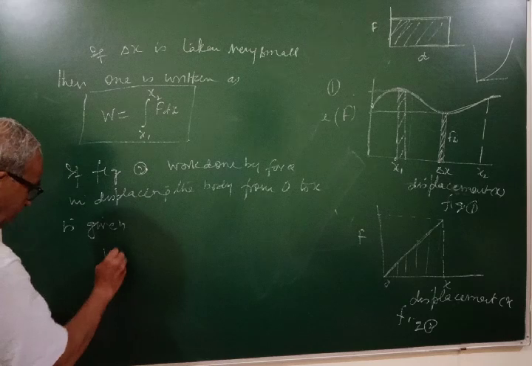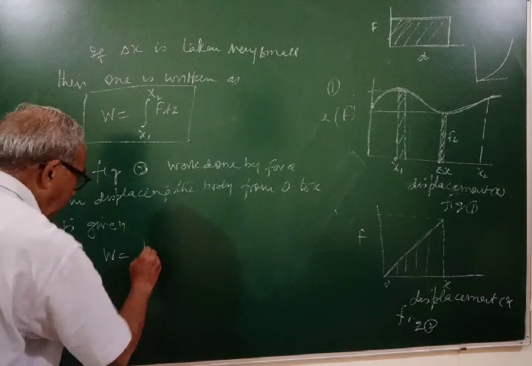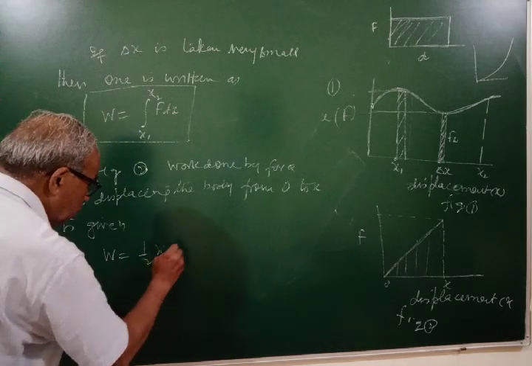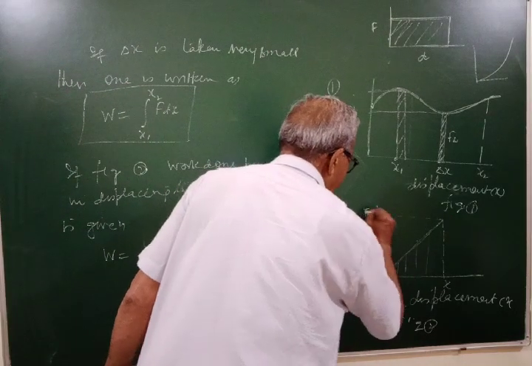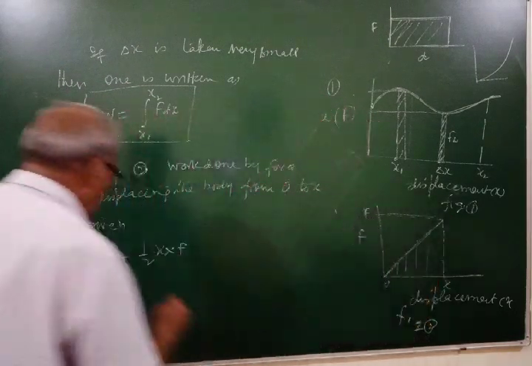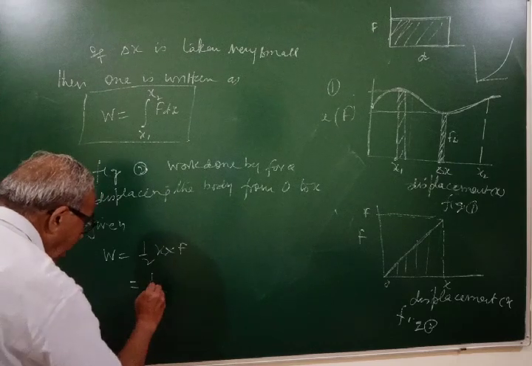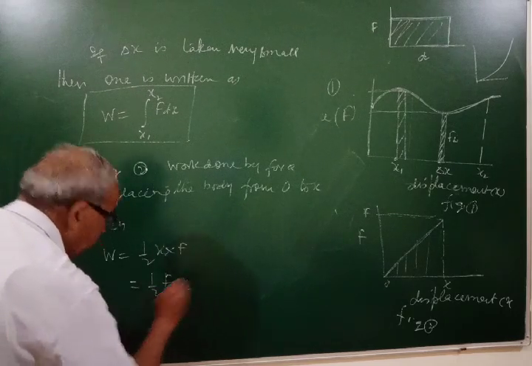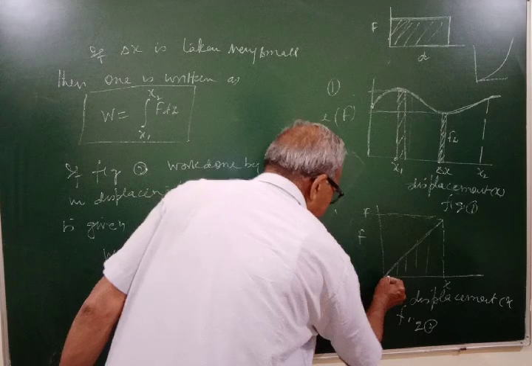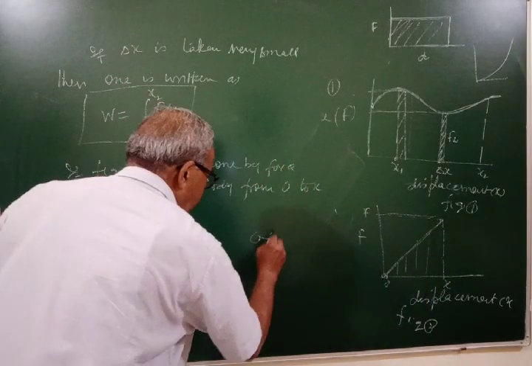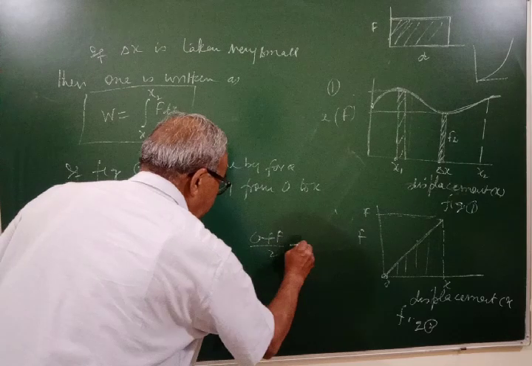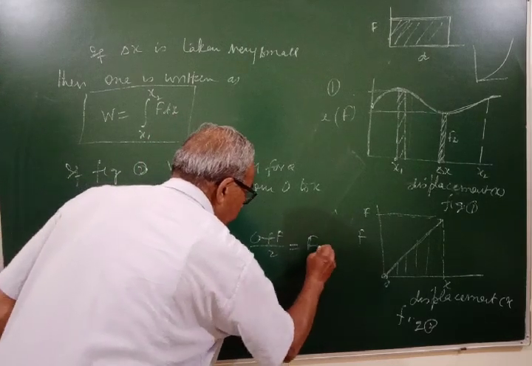W equals half base x into height. Height here is the force at x, let this be F. So it is half F into x also. Here F is 0, here F is equal to F. So 0 plus F by 2 may be termed here as average force.